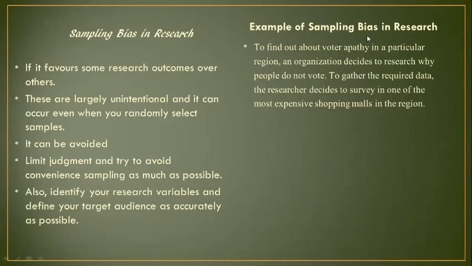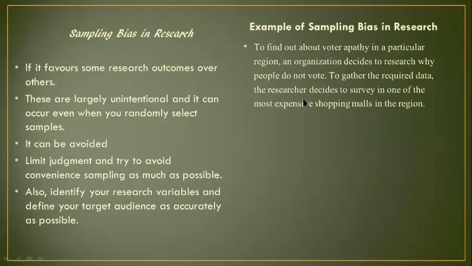When you do this kind of sampling method, you are already excluding all those people in the region who are eligible to vote. Your ultimate concern is people who do not vote, but you are already excluding people who are eligible to vote. How?